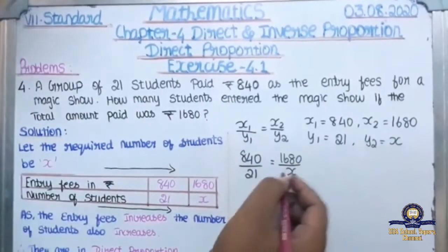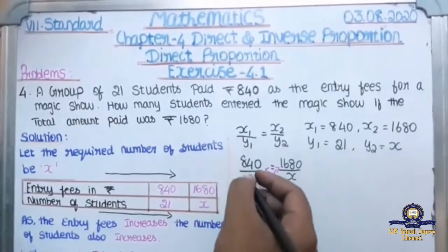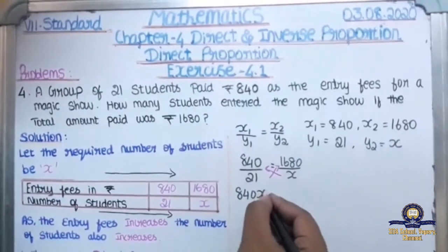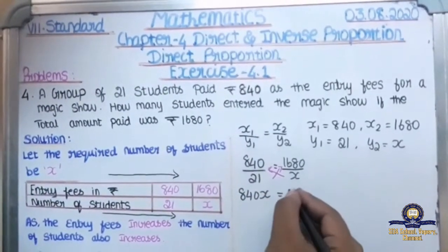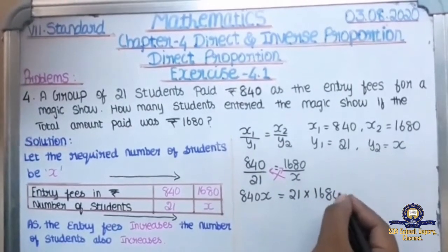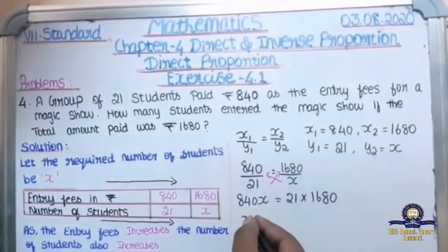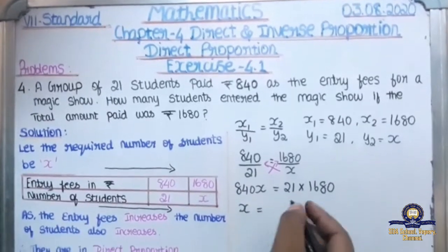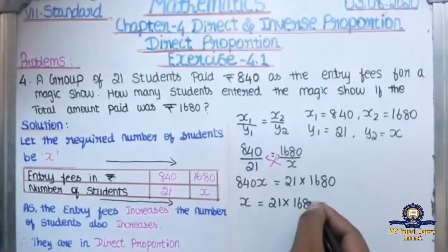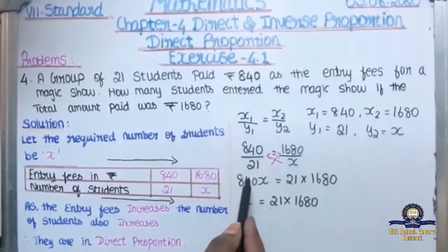Now we need to do the cross multiplication, where 840 into x is 840x, which is equal to 21 into 1680. We need to find the unknown variable x, so we want to keep it on the right hand side. Now write it as it is, 21 into 1680, where 840 is in multiplication on the other side.